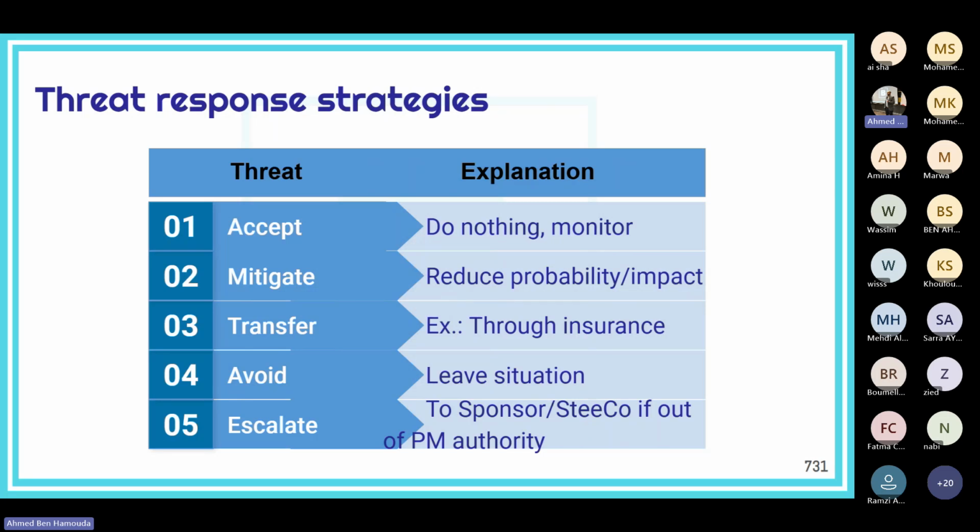Another response strategy could be to transfer a risk, such as buying an insurance. That's what we usually do with our cars. Why do we have car insurance? Because in case something happens, like a risk materializes, at least somebody will take responsibility for damages and compensation.